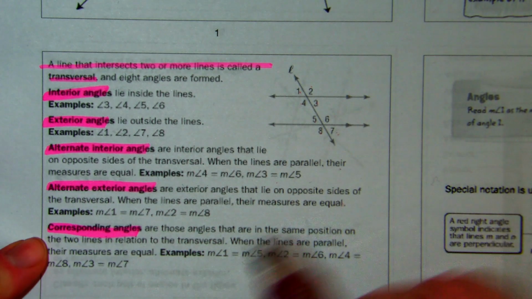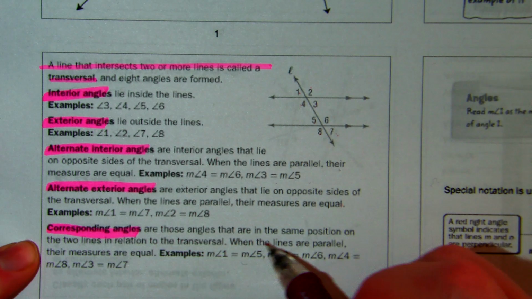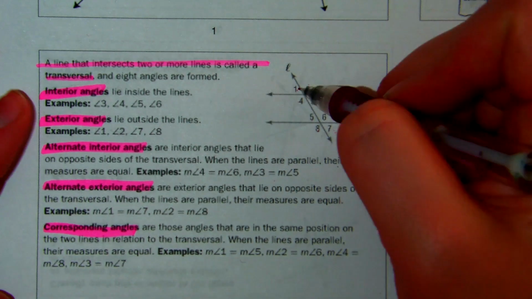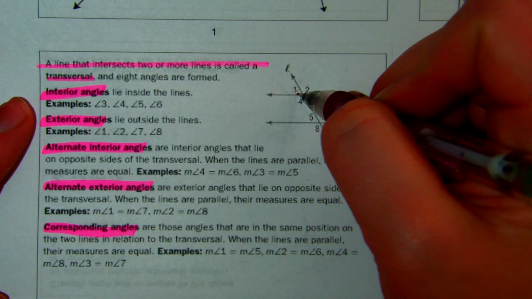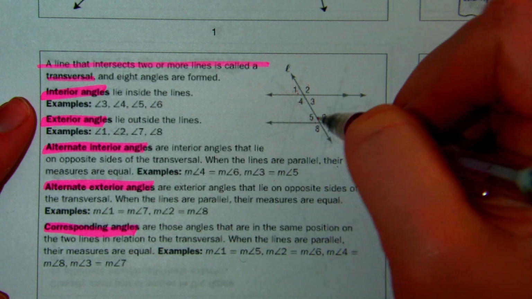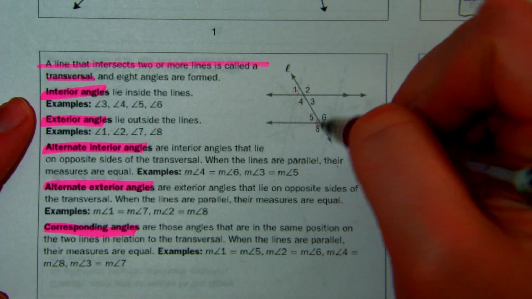Corresponding angles are those angles that are in the same position on the two lines in relation to the transversal. So, for example, if one is on top of this parallel line, then it corresponds to the one in this position on top of this parallel line. So 1 and 5, 4 and 8, 2 and 6, 3 and 7.